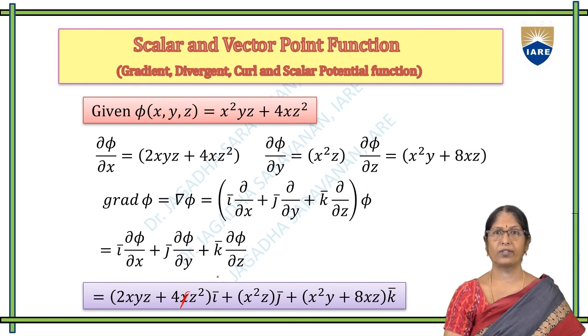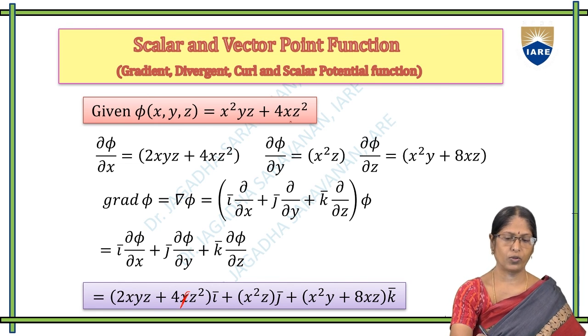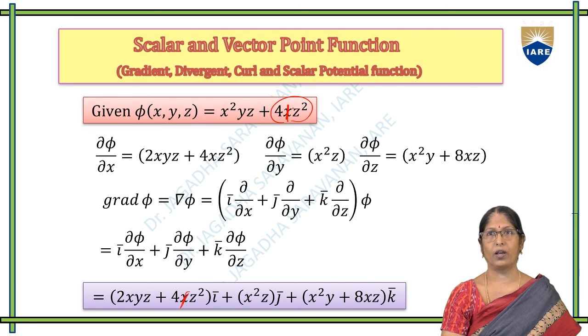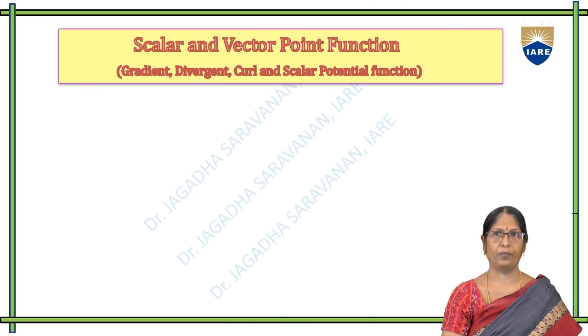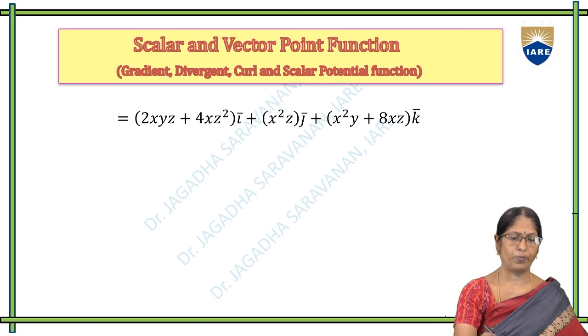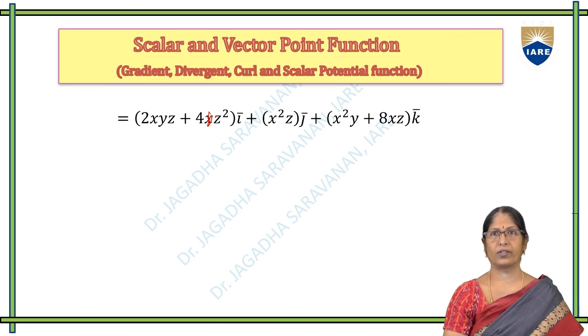So we obtained the result (2xyz plus 4z square) i plus x square z j plus (x square y plus 8xz) k. Because here also the x term is there, but the differentiation of x is 1, into 4z square. So this is the result we obtained.